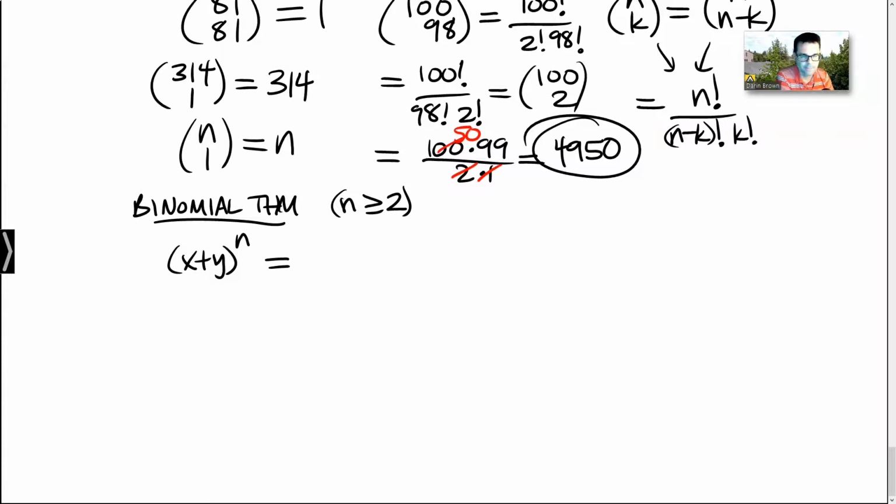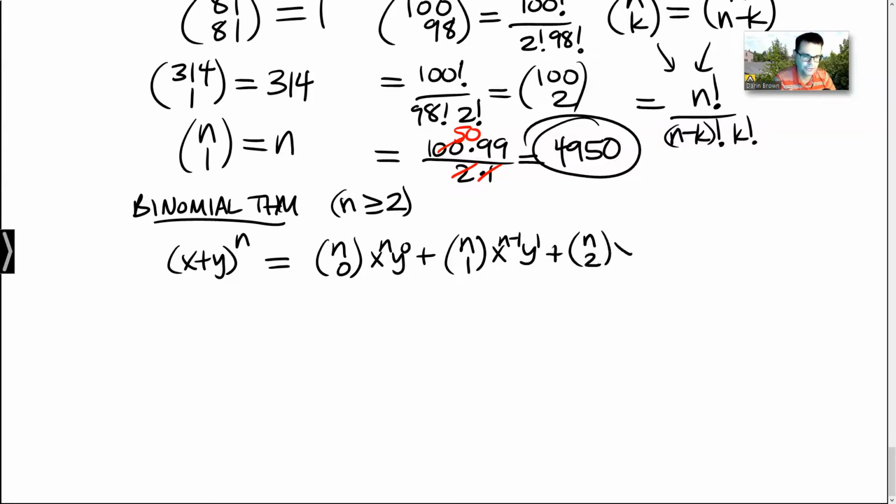Okay, so we're going to start with the biggest x power, which would be x to the n, y to the 0. So it's n choose 0, x to the n, y to the 0, plus n choose 1, x to the n minus 1, y to the first, plus n choose 2, x to the n minus 2, y squared.